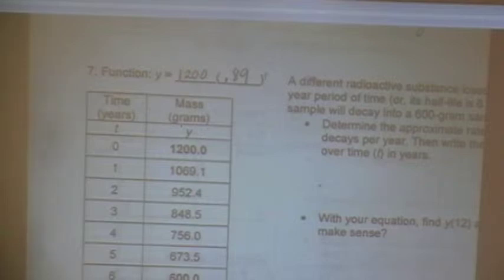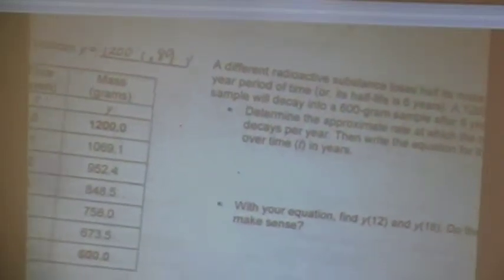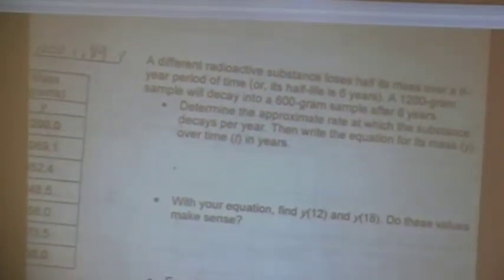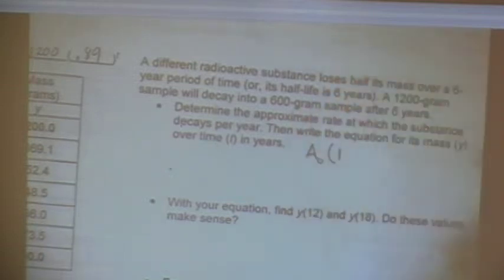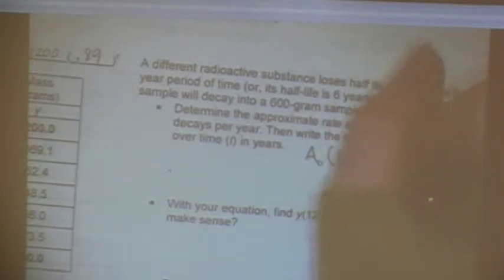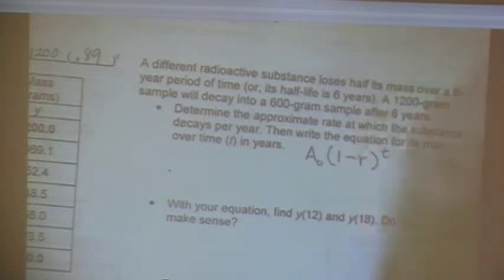Now, here's where you have to, again, be careful about what they ask you. Determine the rate at which the substance decays. 0.89 is not the rate at which it decays, it is what remains. If you remember, your formula is A0, and this is a decay problem, so it's going to be 1 minus the rate raised to the t power.